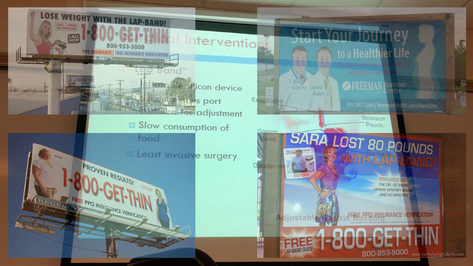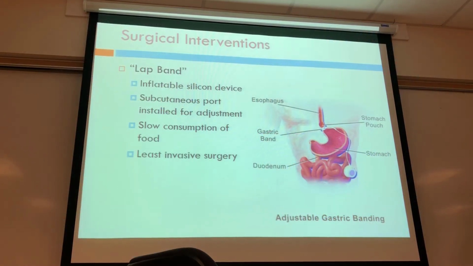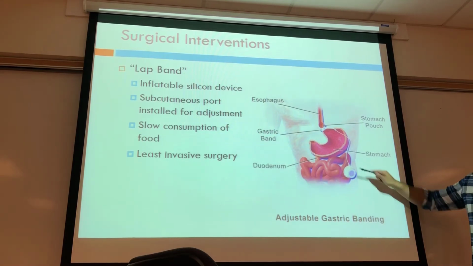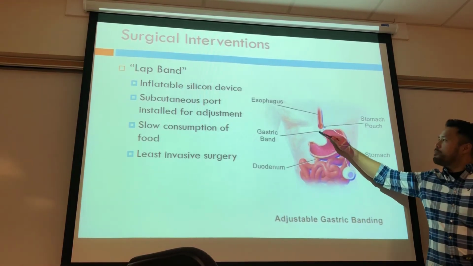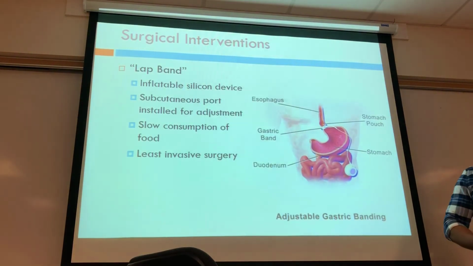The lap band is a less invasive surgery in which they can use laparoscopic surgery. It's basically tubes that go in. They create very small incisions to go into the stomach and install a port right underneath the skin, which attaches to the gastric band, an inflatable cuff that wraps around the cardiac region.